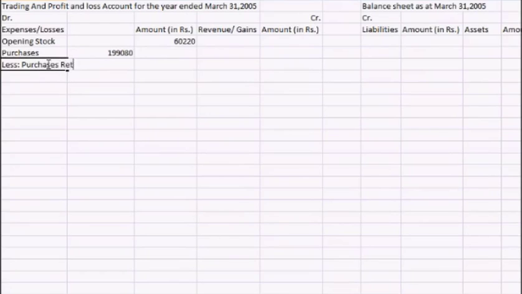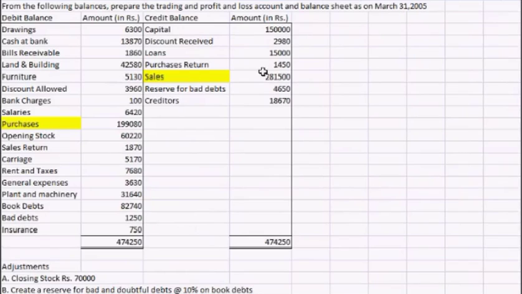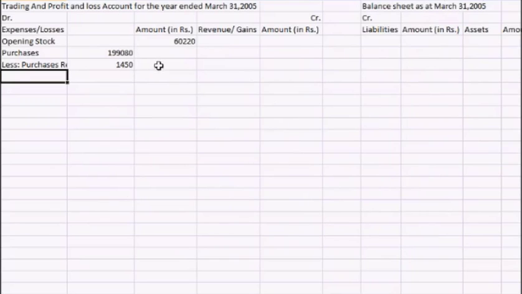Purchases return, the purchases return amount is $1,550, and you can write the total amount of purchases here.